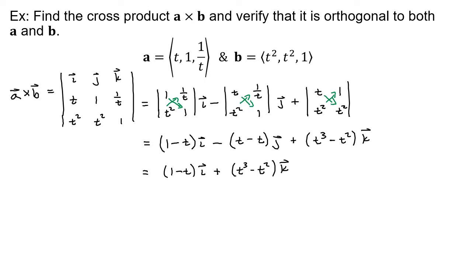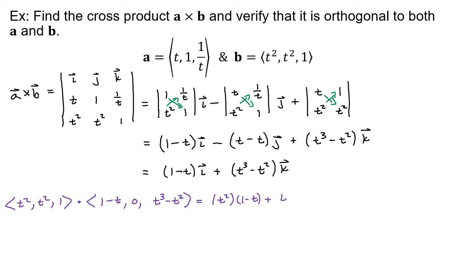And so let's check it with the b on this one, for instance. If I did the dot product for t squared and 1, dotted with, here our cross product would be 1 minus t, and 0, and t cubed minus t squared. I would do the first ones, the t squared times the 1 minus t.